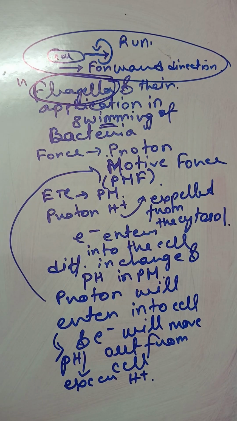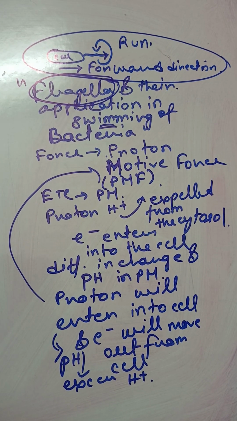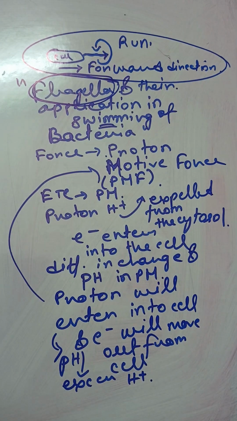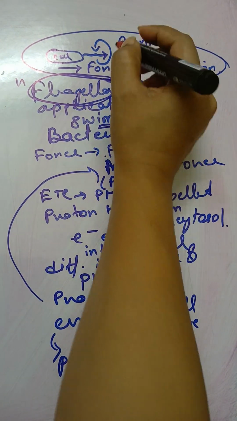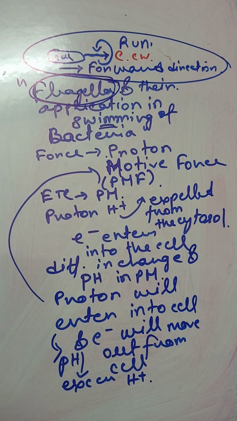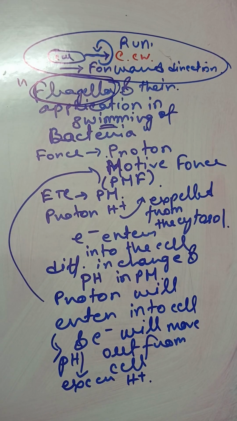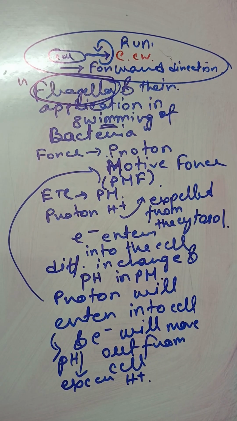There only this flagella will help to move them in a forward direction, and the flagella will rotate in the counterclockwise direction, and the cell will move forward in this way. So this is the simple swimming or the simple running method of the bacteria with the help of flagella.